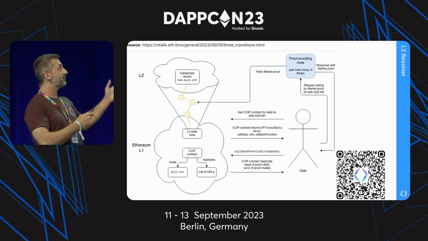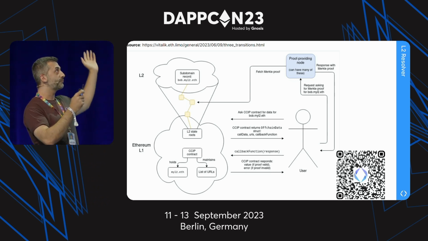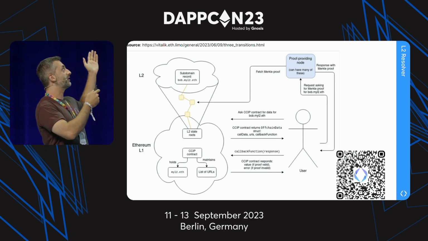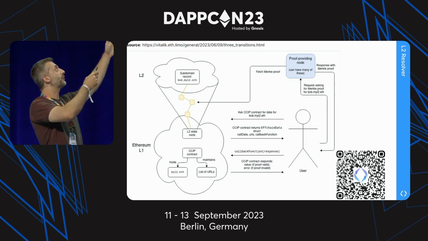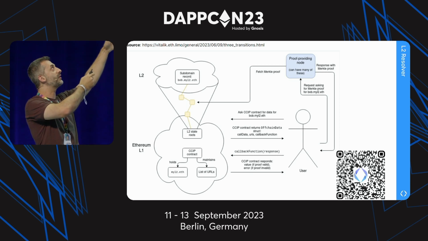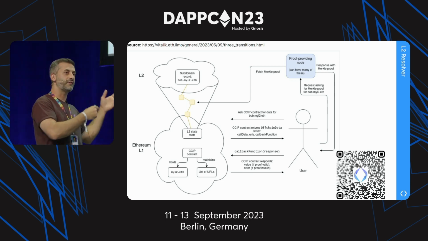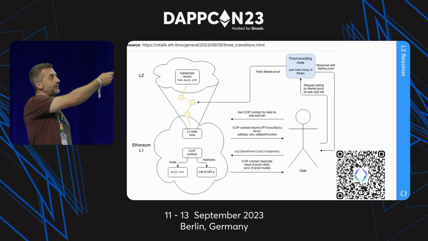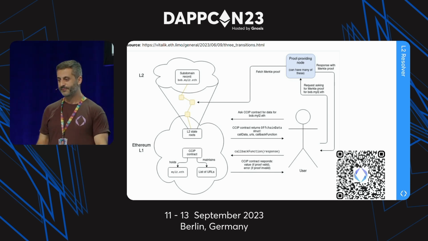When you see the pattern, it's more or less the same. It's a bunch of interaction with the contract, then going back to the L2, retrieving the information and getting the Merkle proof, as I mentioned. If you want to read it, there's a QR code for it.